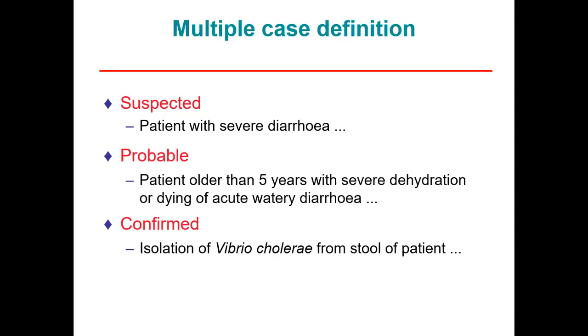Now, a probable case is one in which there is an epidemiological link, but you may not have access to that person for a laboratory confirmation. You are unable to have a laboratory confirmation, but the signs are there, the symptoms are there, and there is an epidemiological link beyond a shadow of doubt.